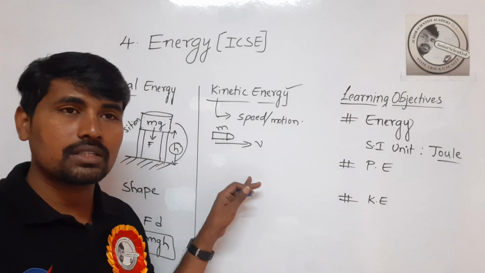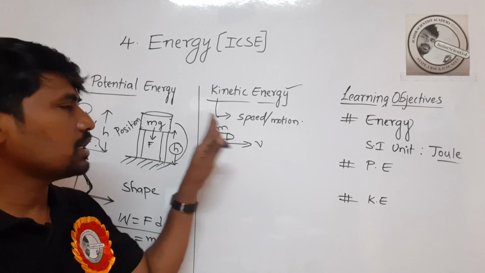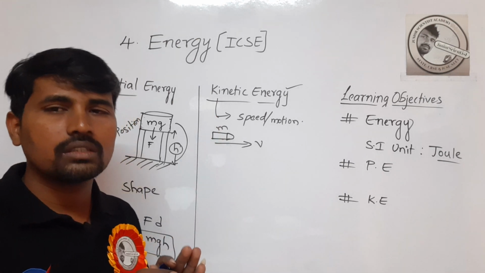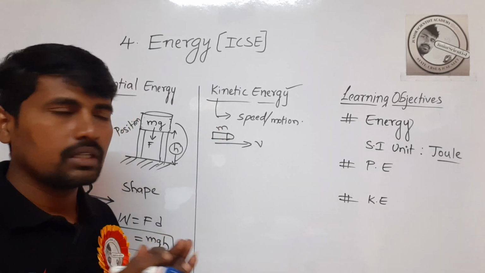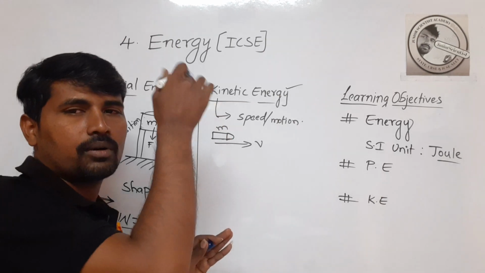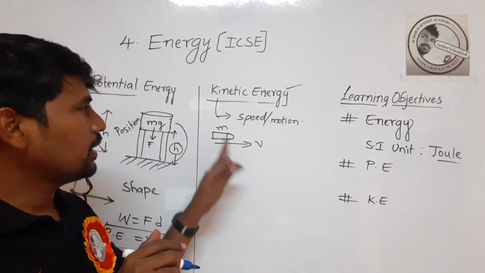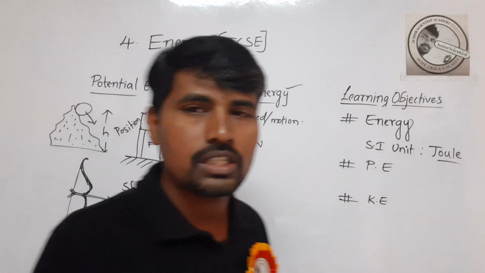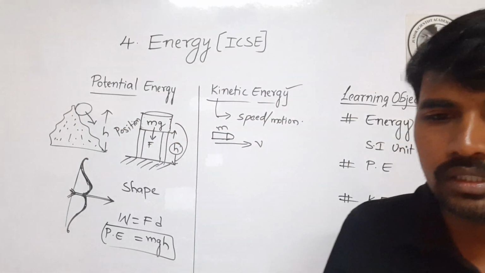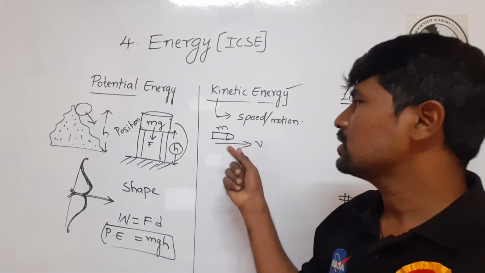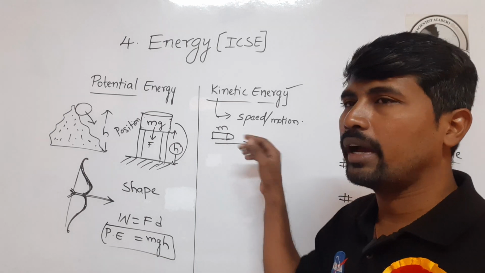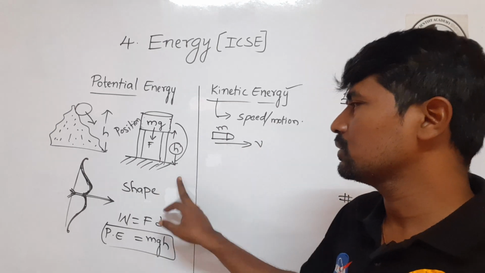If height remains constant, the object has only kinetic energy. If this object is travelling up or down, then at that time it has both potential and kinetic energy. If height changes along with velocity, then both are there.